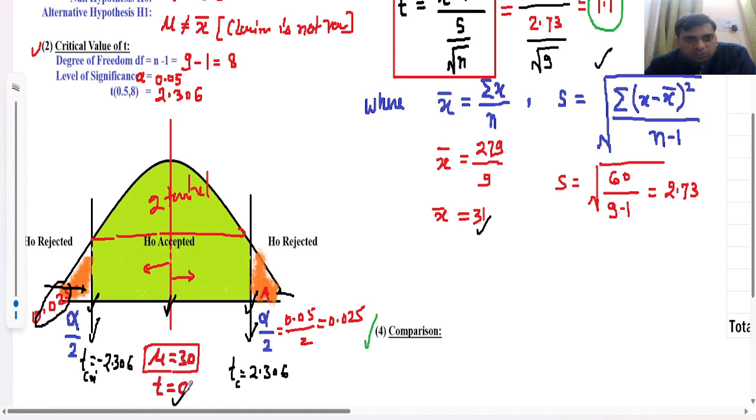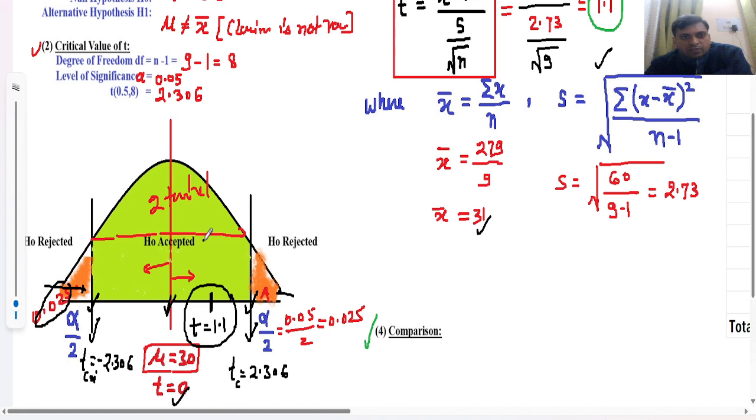So if this is 0, on this side this is 1.1, and this value is 2.306. So 1.1 must be less than 2.306. Approximately this is the location for t calculated, that is 1.1.